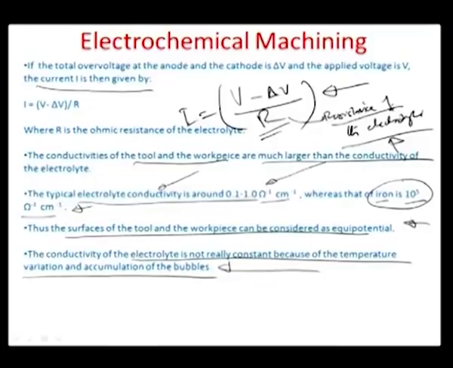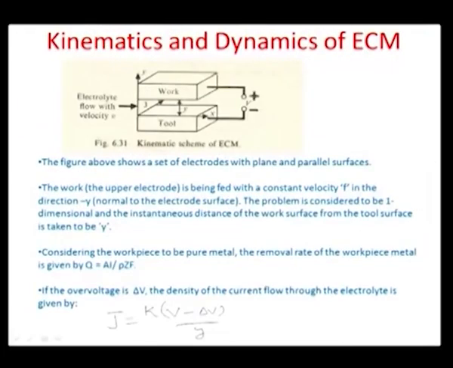So, let us look now at a very interesting aspect of how the electrode and the tool would behave with respect to one another in terms of dissolution and in terms of a distance change between both the surfaces.